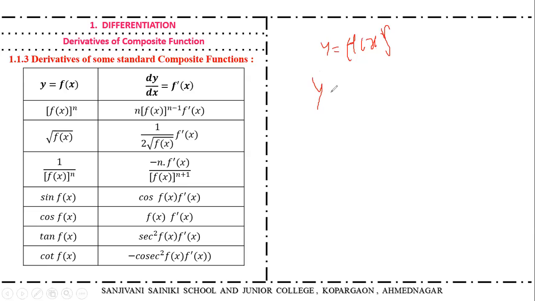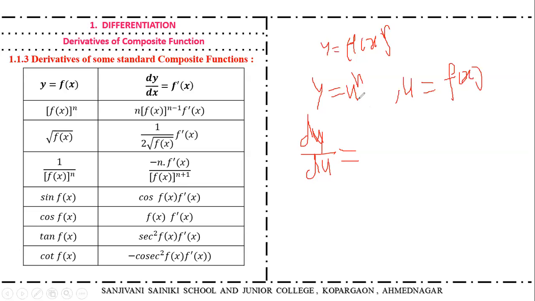In the next step, y is equal to u raised to n, and what is u? u is equal to f of x. So now y becomes a function of u, and I will find dy by du, the derivative of y with respect to u.